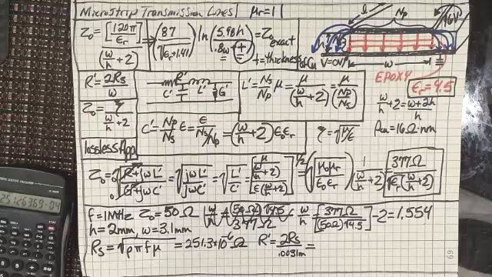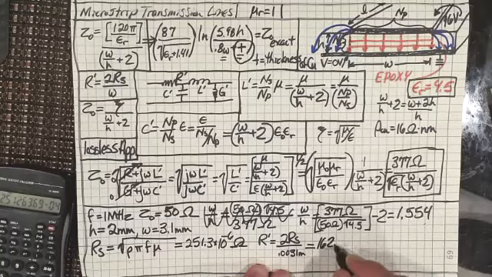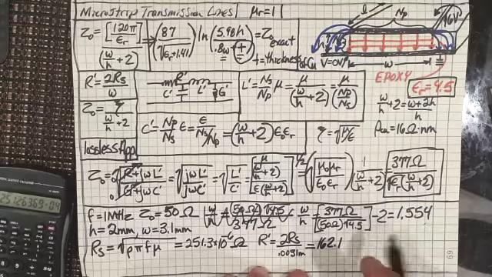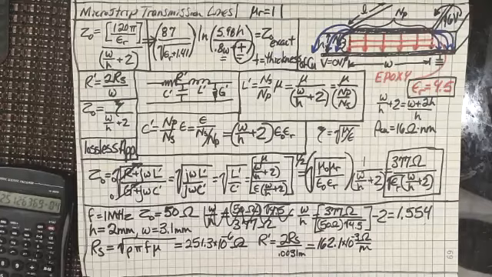So if I multiply that and divide it by 0.0031, what I get for R prime is 162.1 times 10 to the minus 3 ohms per meter.